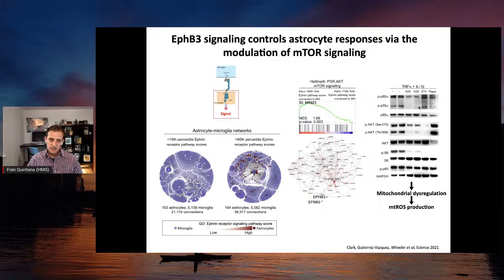So these interactions between microglia and astrocytes mediated via ephrin B3 and EphB3 trigger signaling pathways that result in the activation of astrocyte pathogenic transcriptional programs via mitochondrial reprogramming.